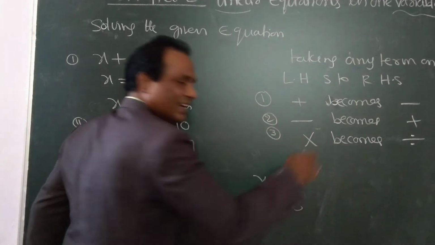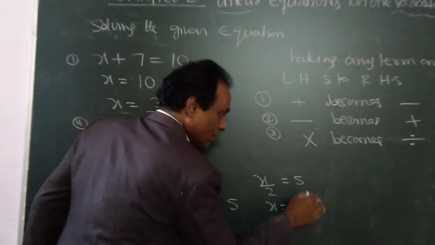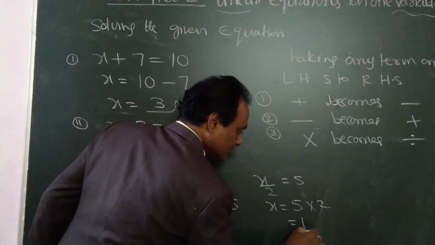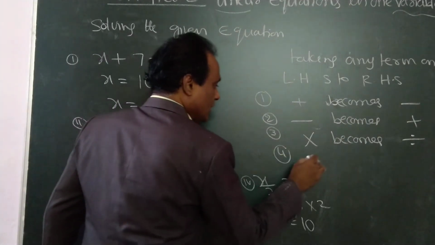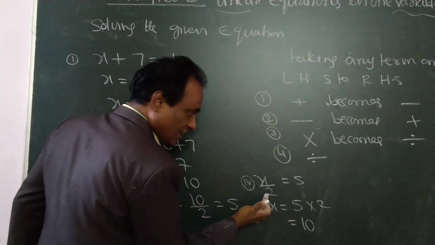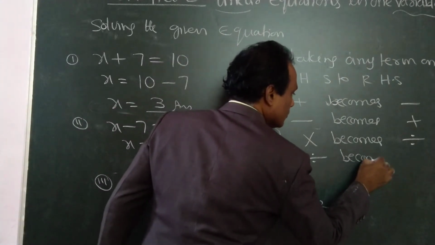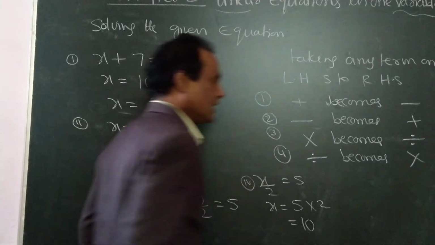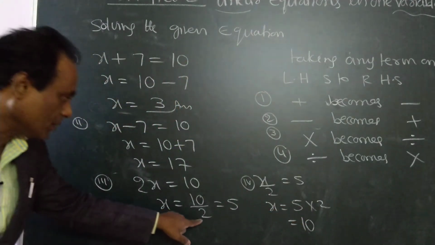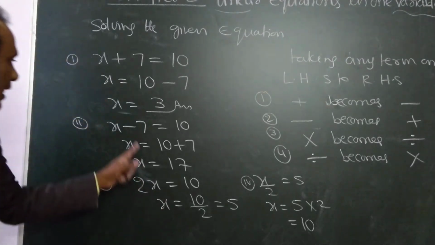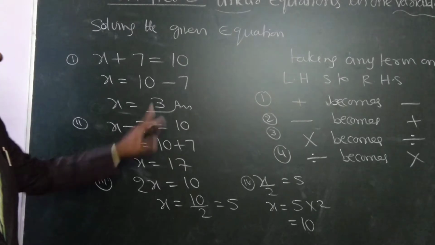If you take 2 to the right side, since it is in the denominator, it will become multiplication. Divide will become multiplication, multiplication will become divide, minus will become plus, and plus will become minus.